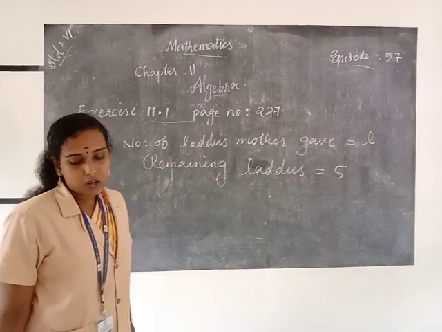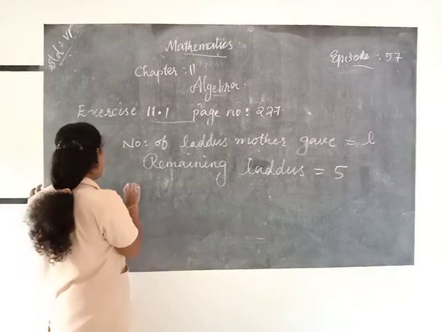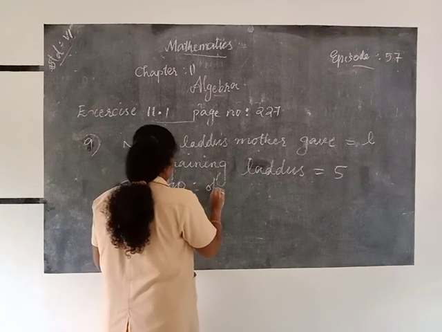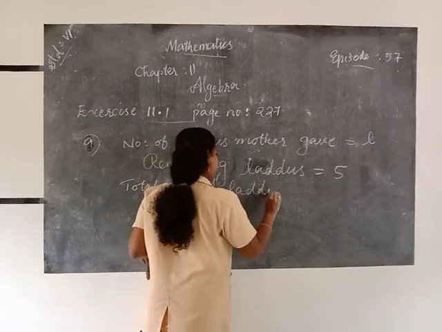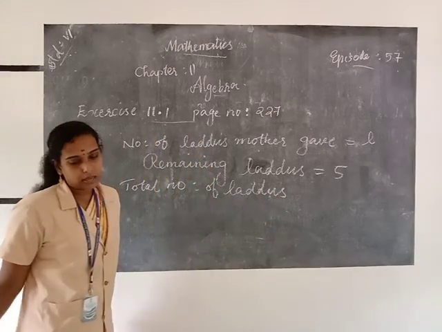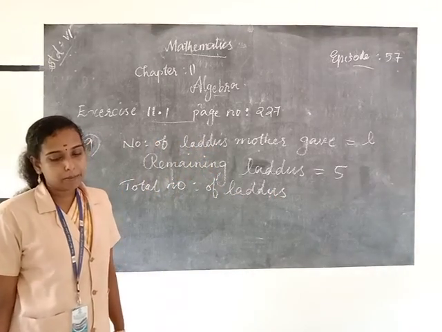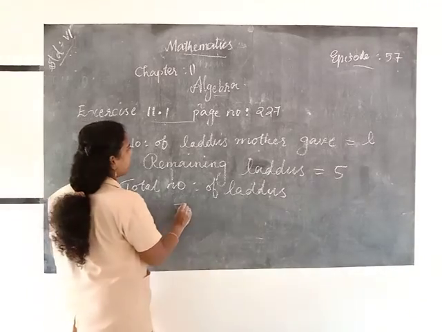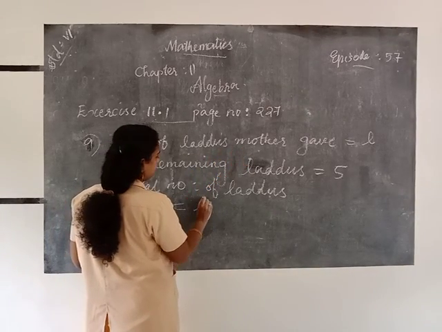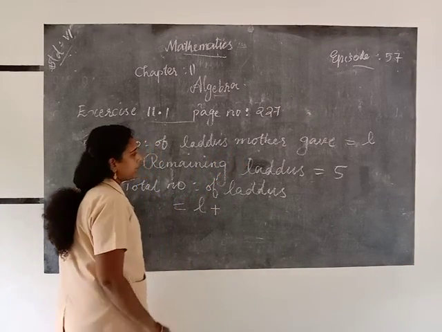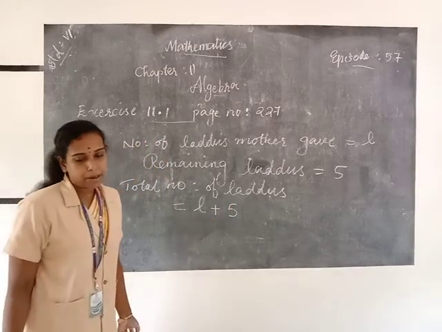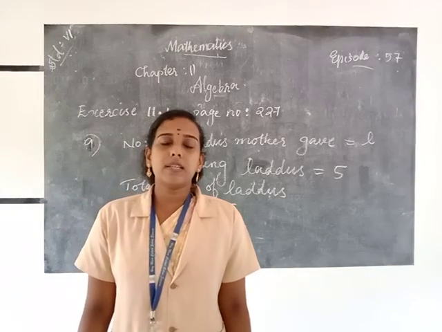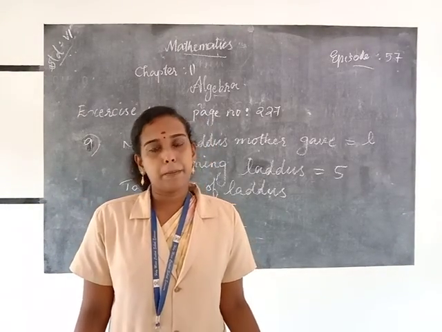And here we want to find the total number of laddus. The total number of laddus is equal to the number of laddus given away by mother plus the number of laddus remaining. So the total is L plus the remaining laddus, that is 5. So L plus 5 laddus is the total number of laddus made by mother.